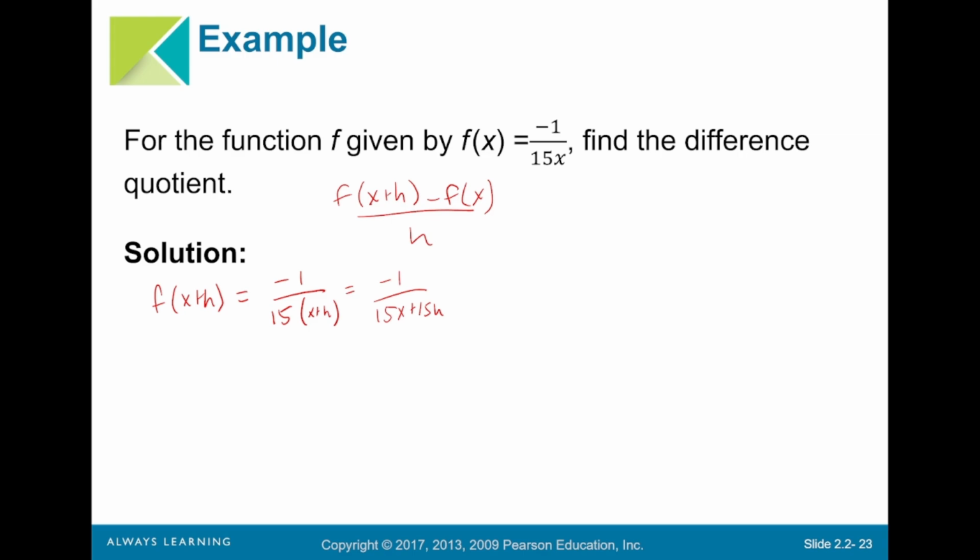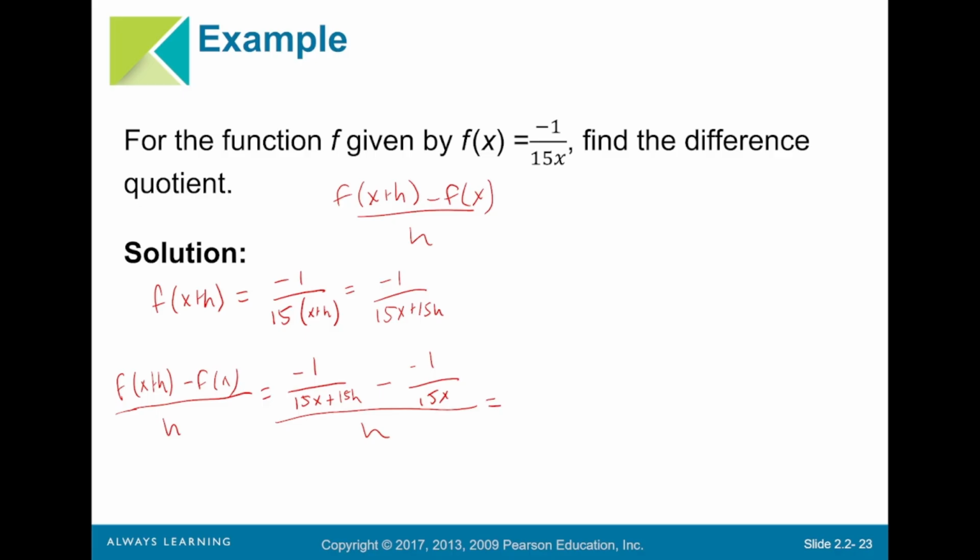All right, let's stick it into our formula and see what happens. f of x plus h minus f of x all over h. Well, that's negative 1 over 15x plus 15h minus negative 1 over 15x divided by h.